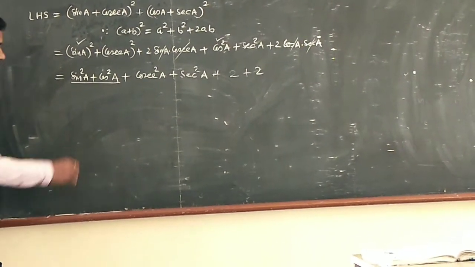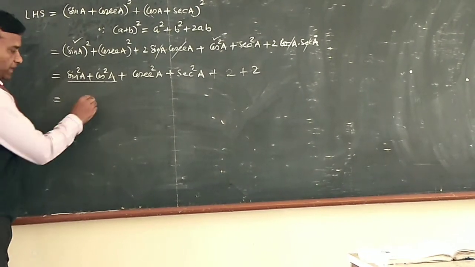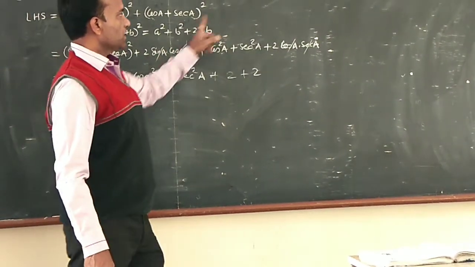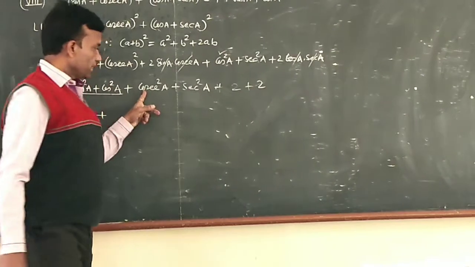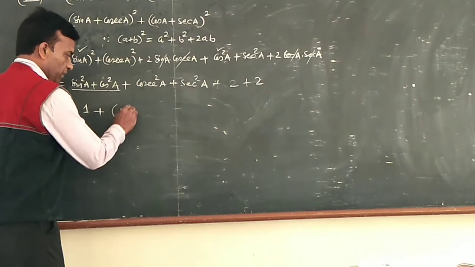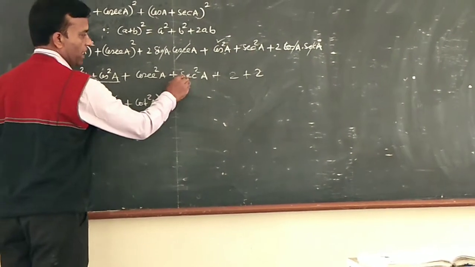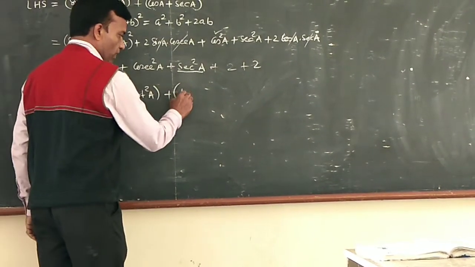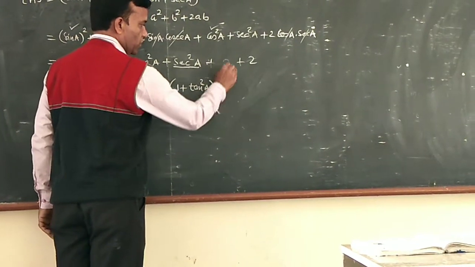So in place of sin square plus cos square you have 1 here. And now you also know the identity of cosec square A, because our right hand side requires tan and cot, and we know that the identity of cosec square A in the form of cot is 1 plus cot square A. And similarly the same identity we know for sec square, 1 plus tan square, and 2 plus 2 is 4.